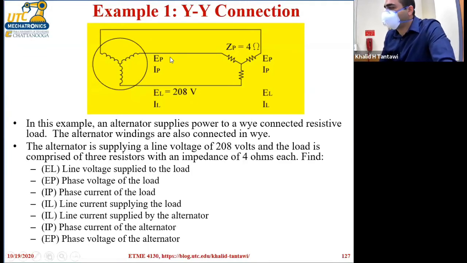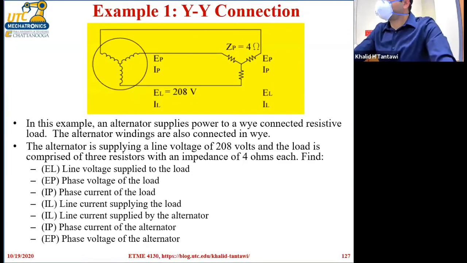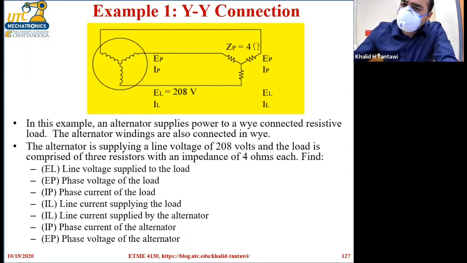Good. What other quantity can you find? Really the easiest way is to first start with the voltages, then the currents. Now we determined the phase and the line voltage on the generator side.